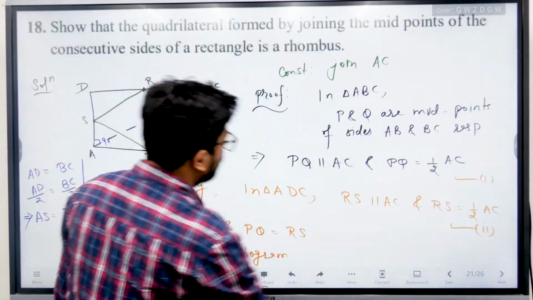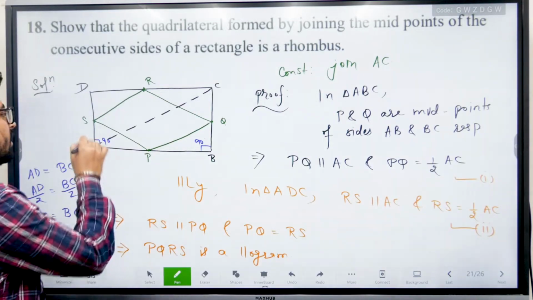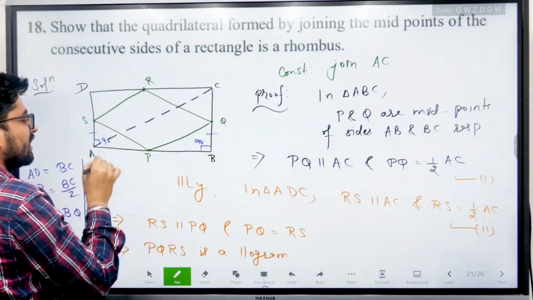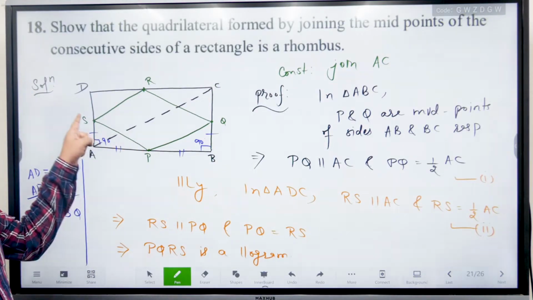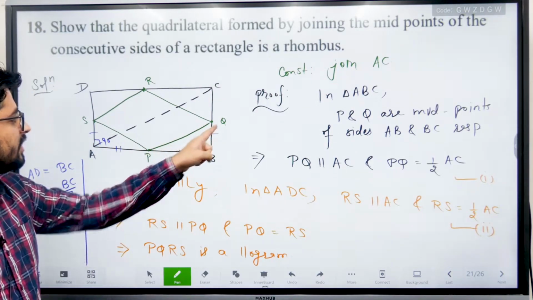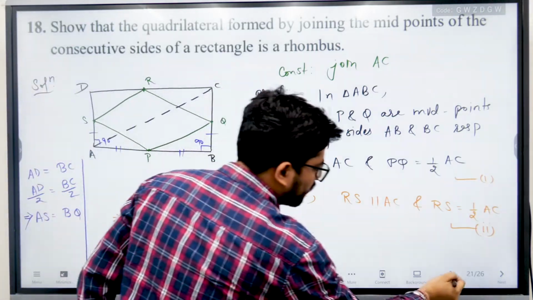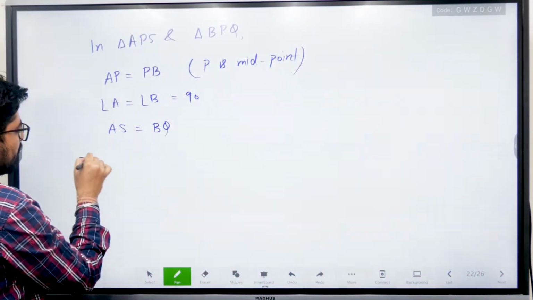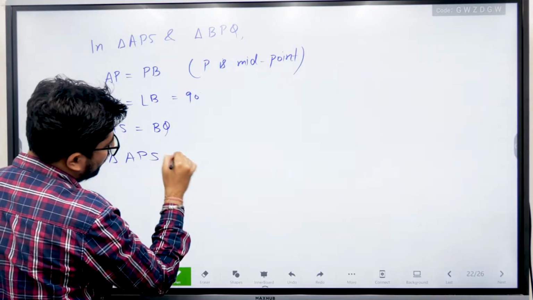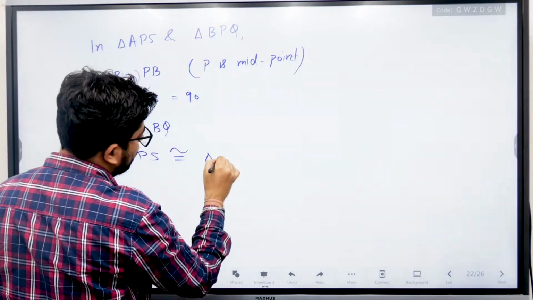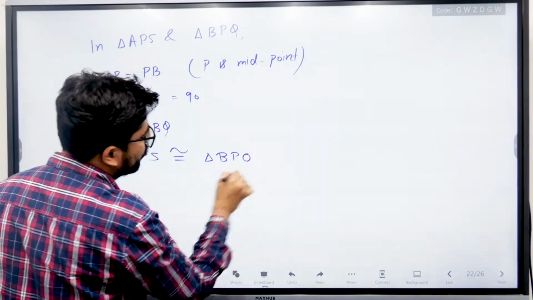Got it? So AS is equal to BQ, the angle is 90, and AP is equal to PB. So triangle APS and triangle BPQ are congruent. Triangle APS is congruent with triangle BPQ.